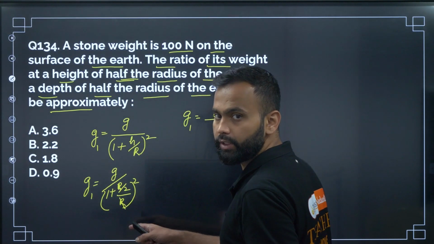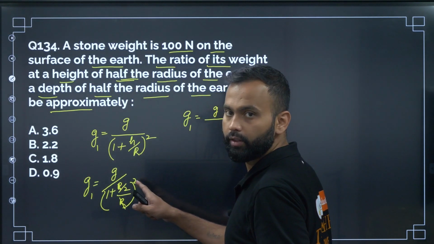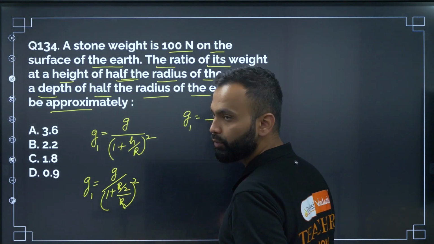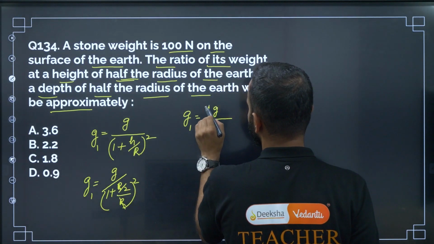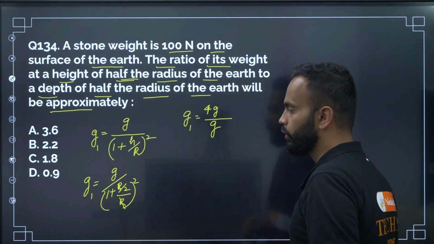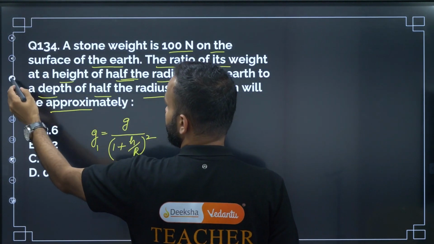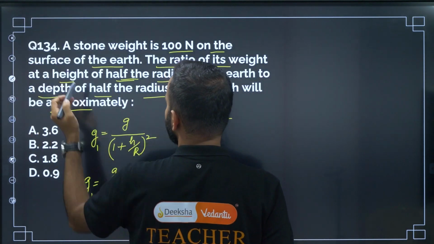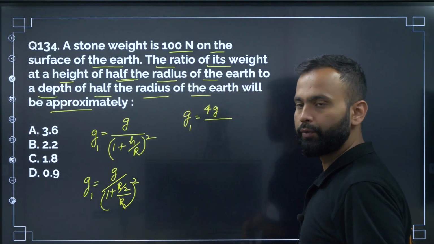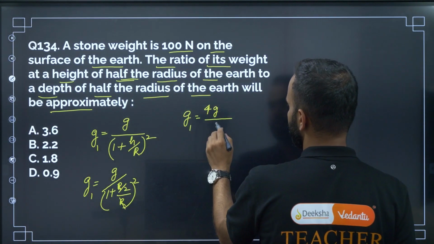So 1 plus 1 by 2 is 3 by 2. 3 by 2 squared is 9 by 4. Okay, 1 by 9 by 4 is 4 by 9. So 4g divided by 9. Okay, 4g by 9. This is the acceleration due to gravity above the surface of the earth, right?